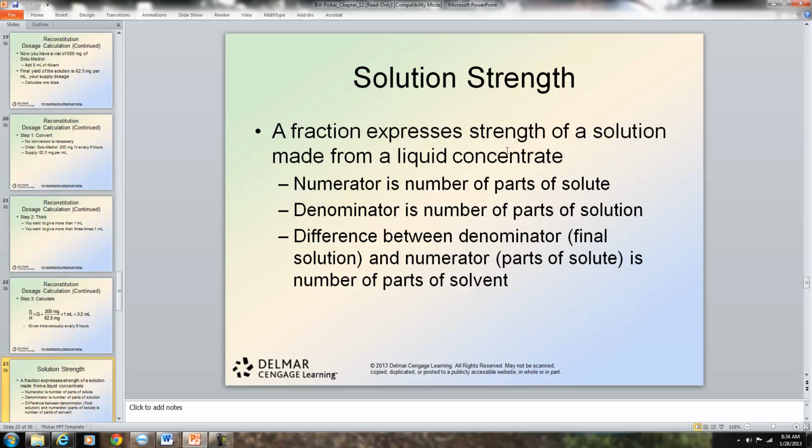A fraction expresses the strength of a solution made from a liquid concentrate. The numerator is the number of parts of solute, and the denominator is the number of parts of solution. So the difference between the denominator and the numerator is the number of parts of solvent.